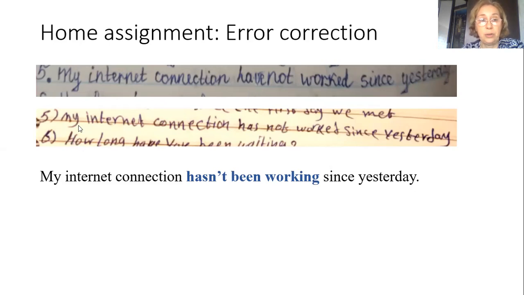Other students have written: my internet connection has not worked since yesterday. This is present perfect, but it's better to use present perfect continuous because we emphasize that it took a very long period of time since yesterday. It's better to use hasn't been working.